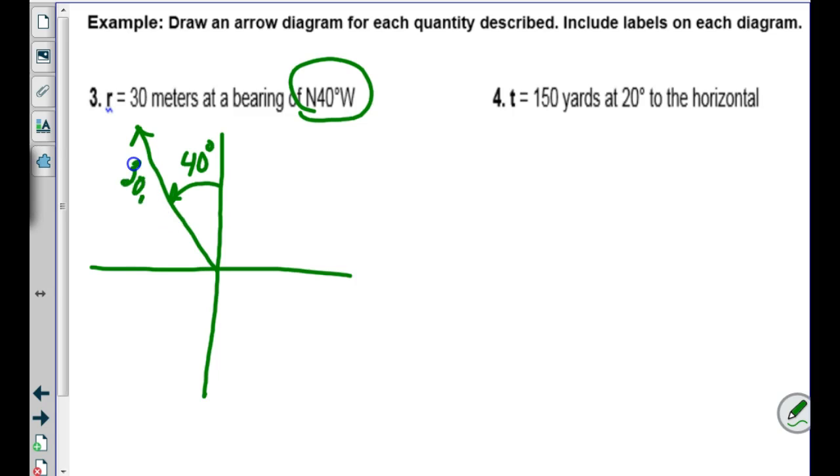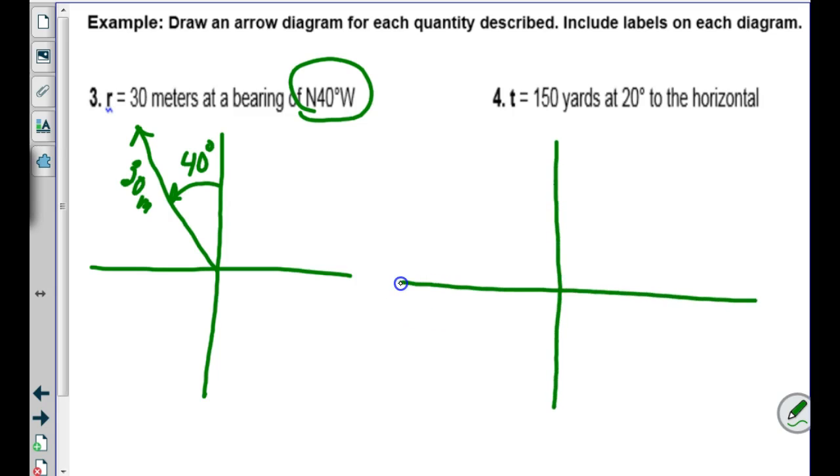And this is going to be 30 meters. Sorry, that's written poorly. And one more. 150 yards at 20 degrees to the horizontal again, just here, 20 degrees. And 150 yards out to here.